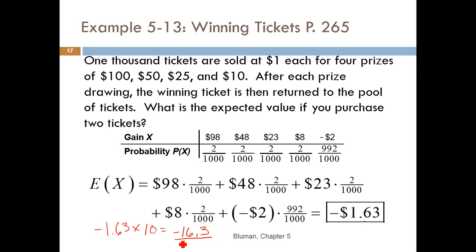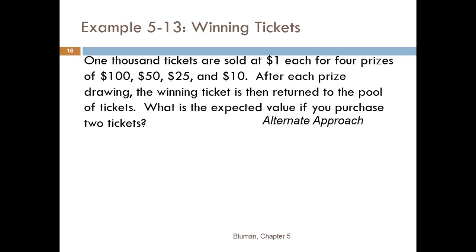There's a good chance they will, but they might be at 15, they might be at 18, they might be at 14, they might be at 20. Maybe somebody came and had a really hot streak, or maybe they've already given away the $98 prize. The point is that this is on average. So if you play this game a million times, you're going to get closer to the real value that you expect.